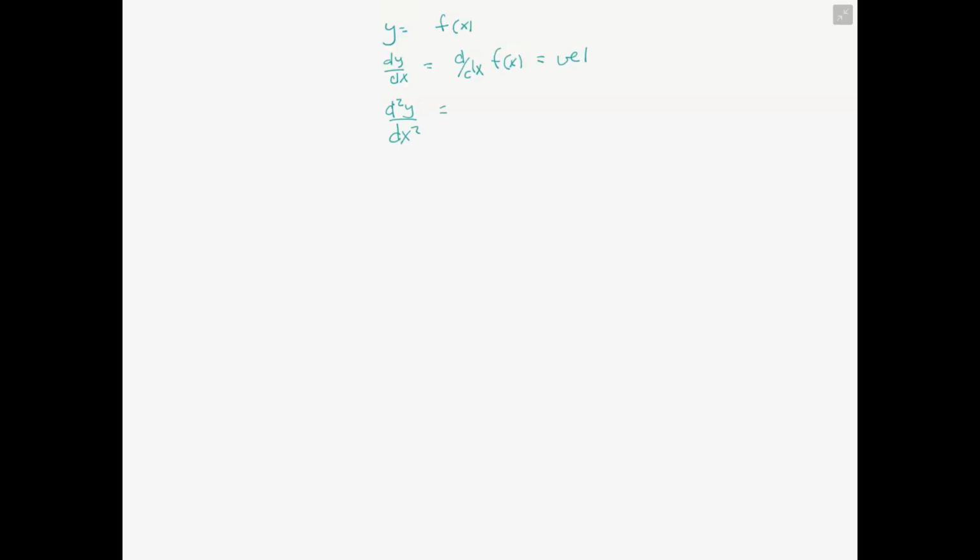And then d squared y dx squared, the second derivative of f of x, is equal to the acceleration.